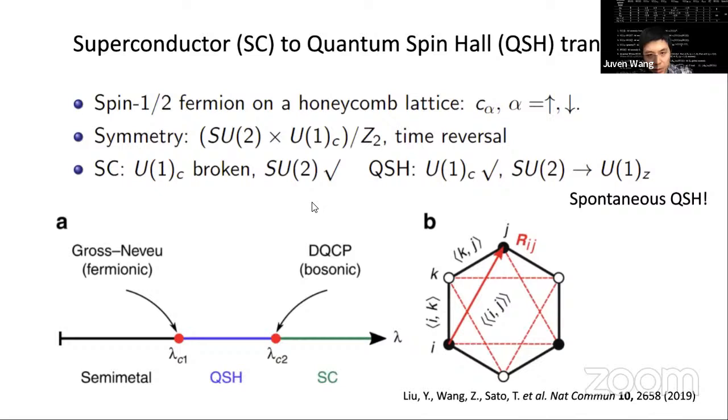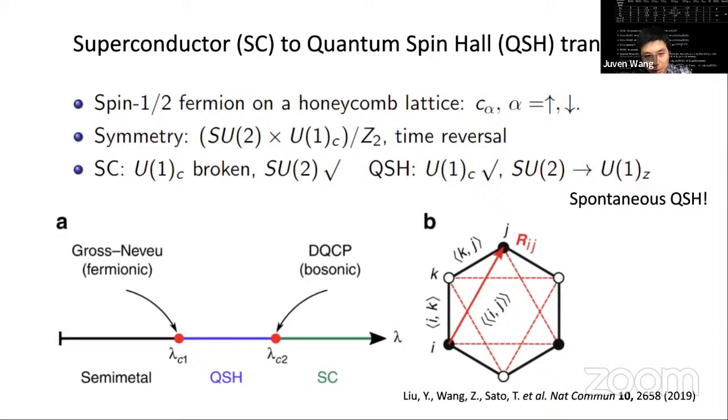Okay. In the semi-metal phase, you may have some massless fermions. And you pair them in some way to get a gapped quantum spin Hall phase?